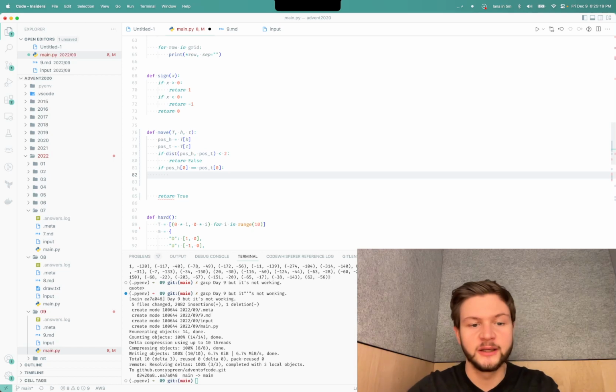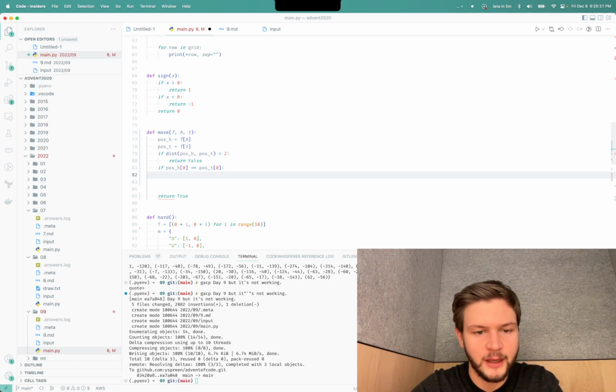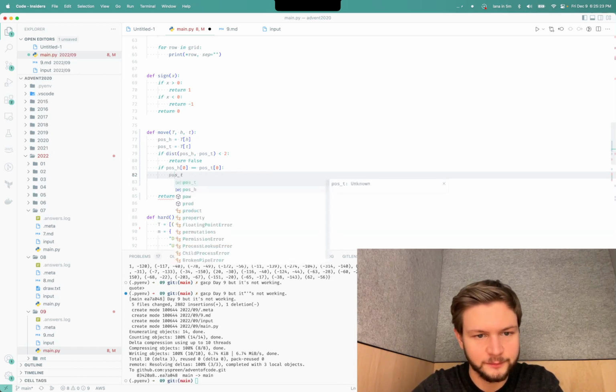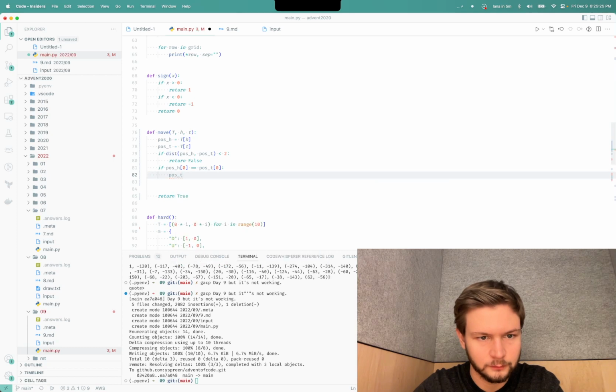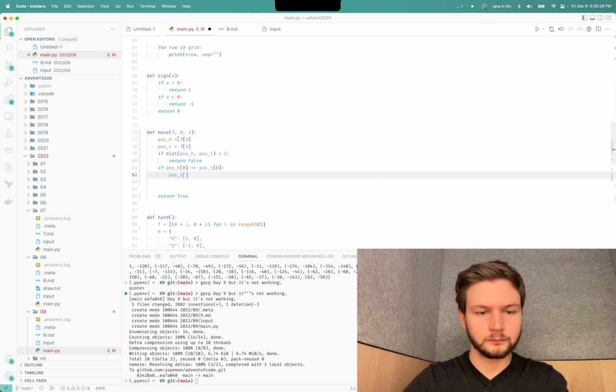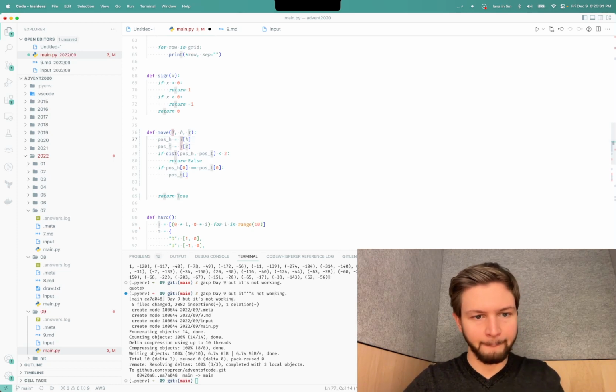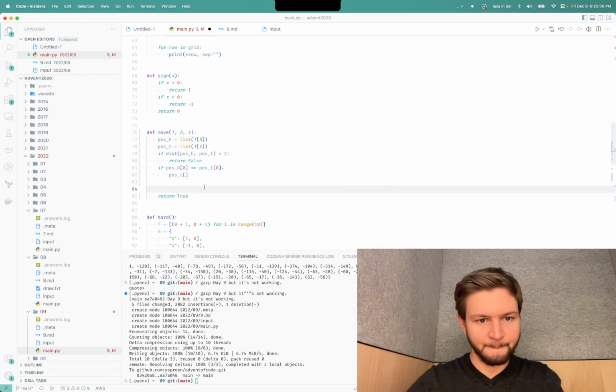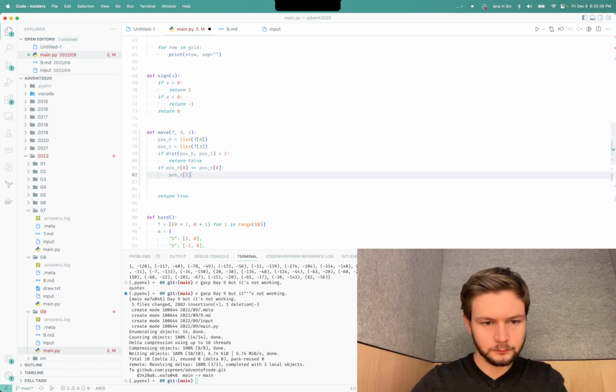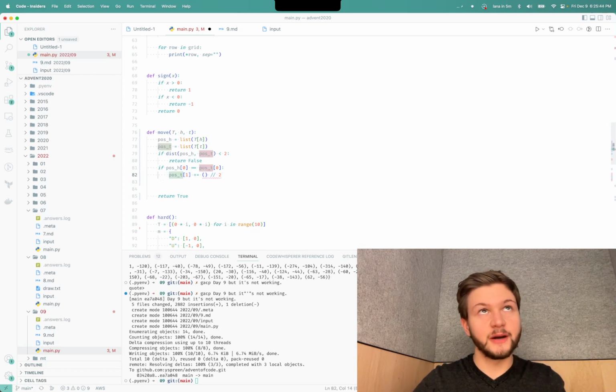So this would mean that we want to add to the tail plus equals the tail, no, the head minus the tail, because of, yeah.